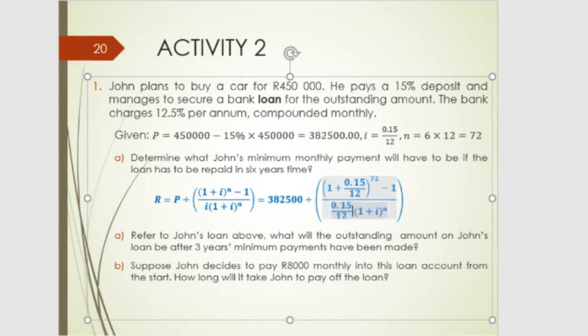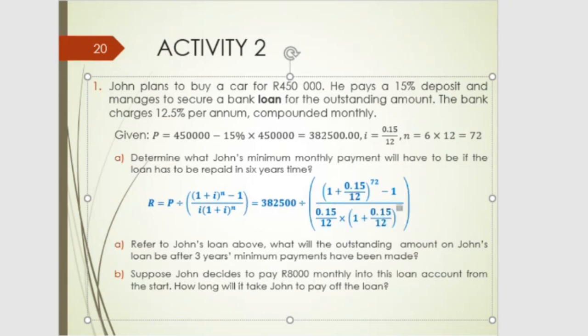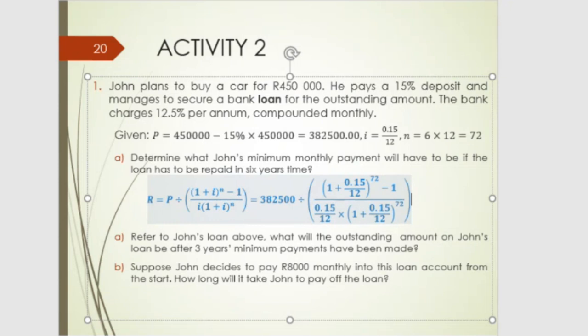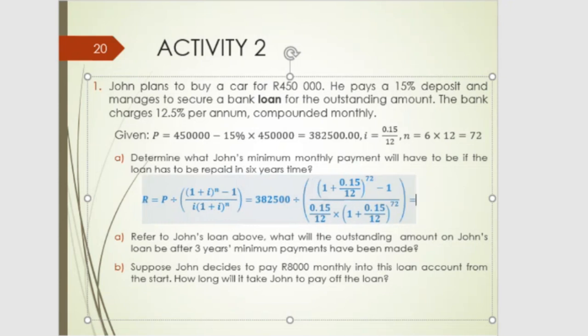You can put multiplication here, still fine. But even if it's brackets, it will give you the answer. Here it's 0.15 over 12. Then N is 72. What would be the answer?